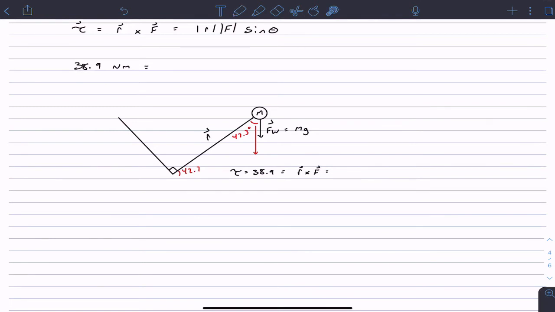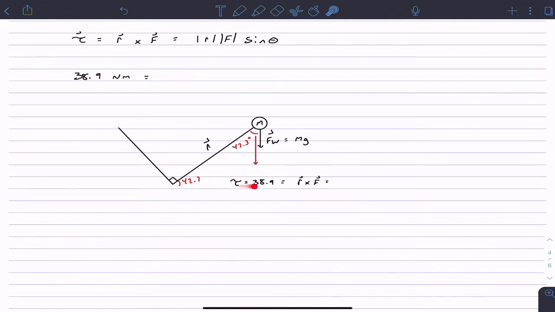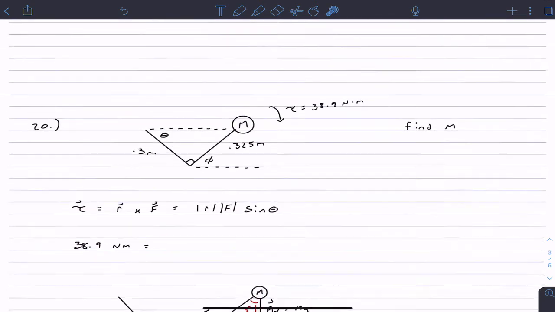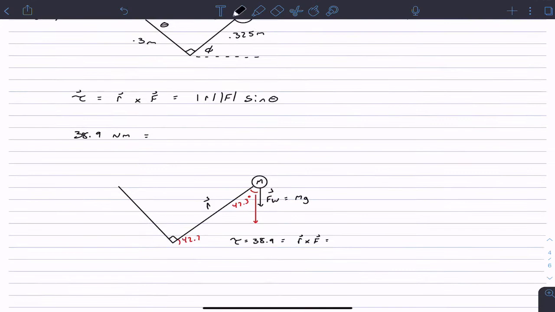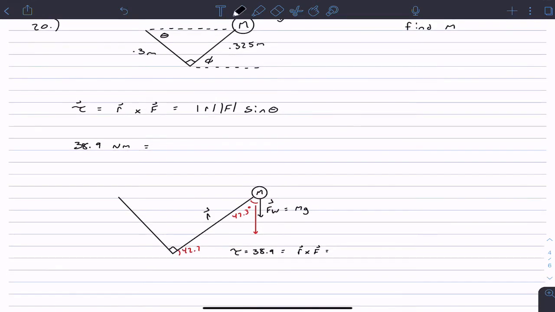The angle between these two things: since we know that this is 42.7 degrees and this is a right angle, we can just draw a perpendicular. This gives us 47.3 degrees. So that means this 0.325 meters is our R. The force is the weight force, mass times gravity.